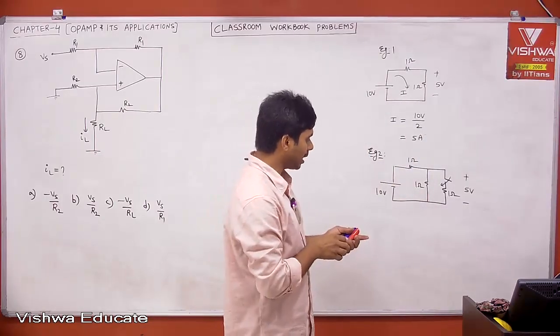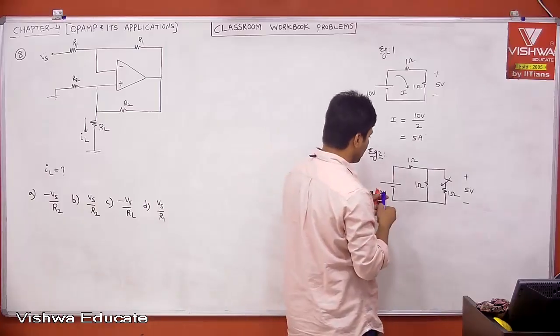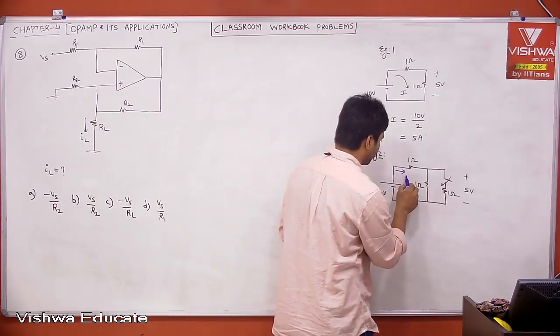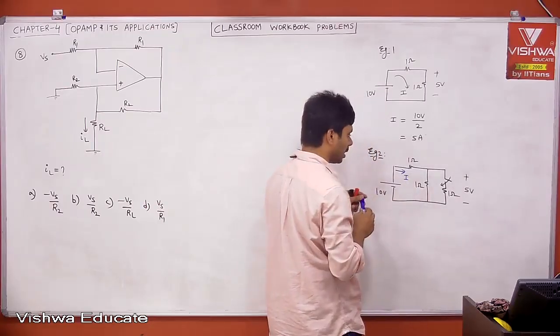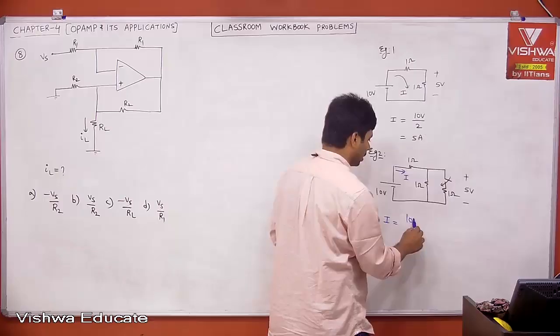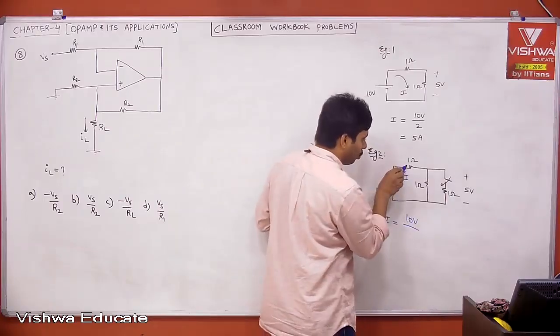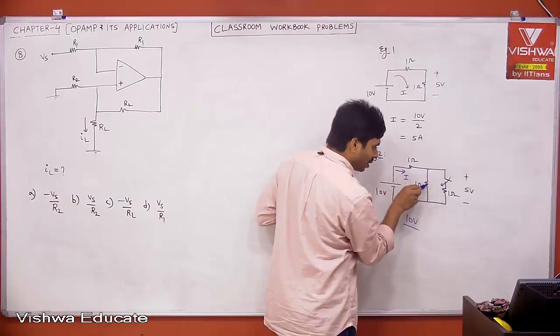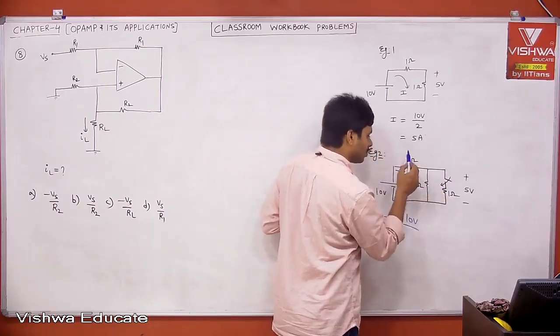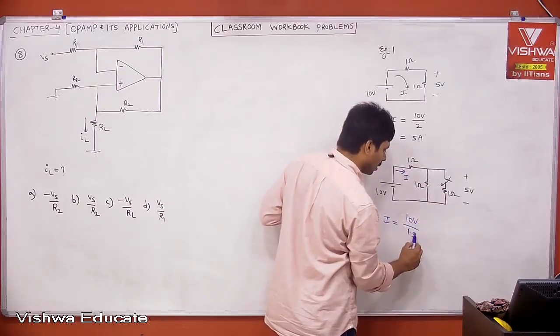Okay, now I can explain. First of all, consider the current you are getting from your voltage source. I is equal to 10 divided by 1 plus, what is the effective resistance now? 1 ohm in parallel to 1 ohm is 0.5. Therefore 0.5 plus 1, 1.5.